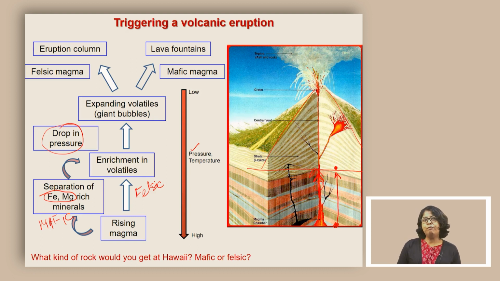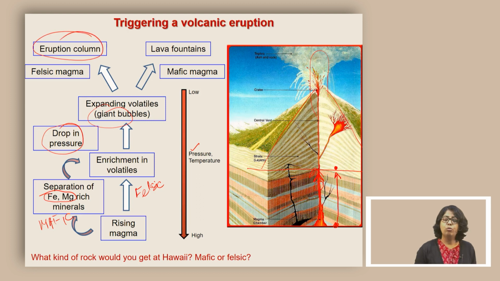So, they cannot really flow, but they have enough loss of pressure, which basically pushes them to go up, and they also have giant gas bubbles. So, both of these things in combination are going to make a column which consists of all kinds of magma, and it erupts and then falls down. These are called eruption columns, which are typical of felsic magma.